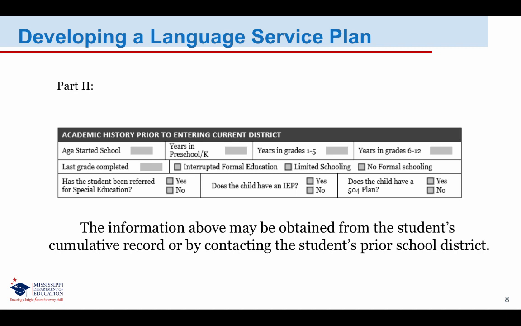You will also mark if the student experienced interrupted formal education, limited schooling, or no formal education at all. Has the student ever been referred for SPED, or does the student currently have an IEP or 504 plan?